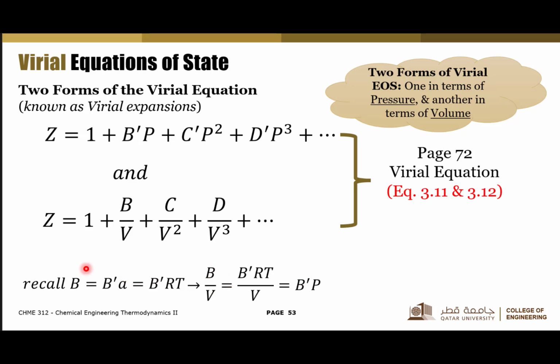B prime RT divided by V gives me what? RT over V is pressure. So then this is equivalent to this. That's just showing you how these two are the same thing. You can write Z in terms of pressures, and you can write Z in terms of volumes.